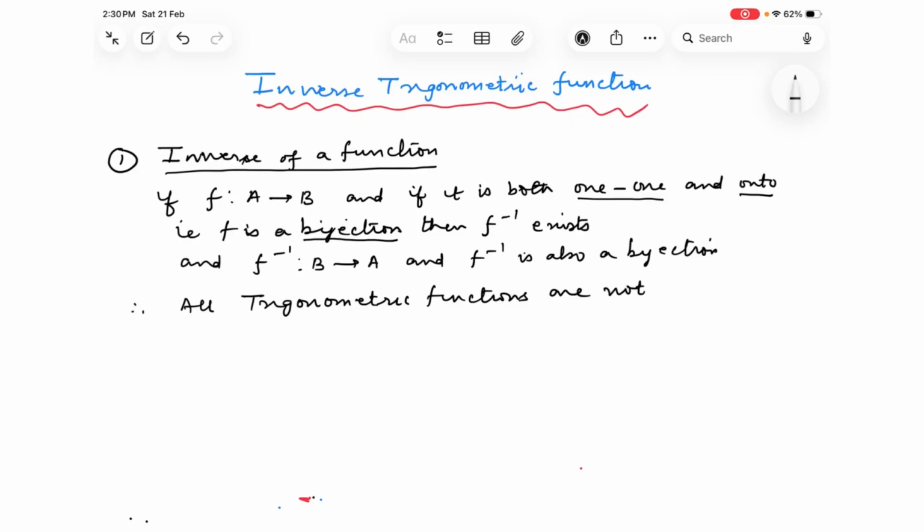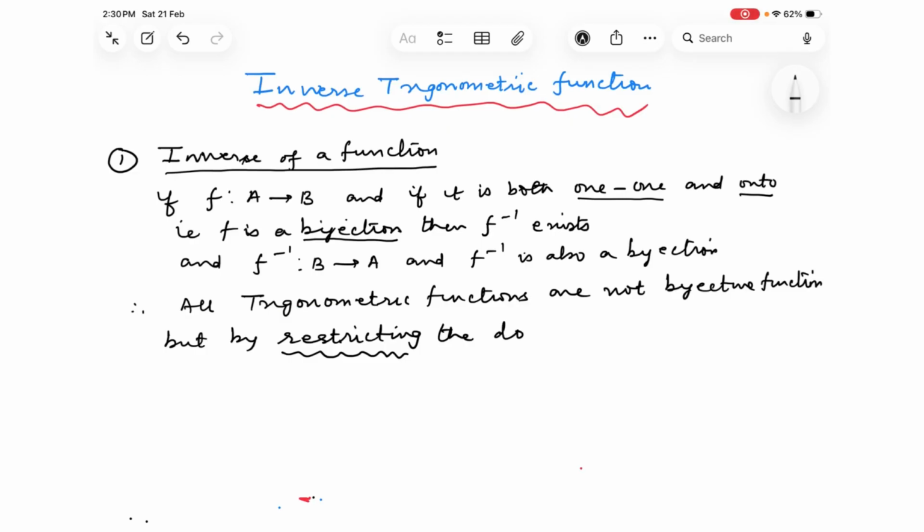But, very, very important point, by restricting the domain of these functions, we make them bijective.